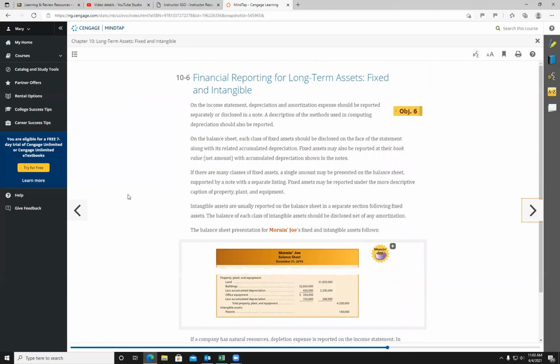Now, financial reporting for these long-term assets, both fixed and intangible. On the income statement, depreciation and amortization expense should be reported separately or disclosed in a note. A description of the methods used in computing the depreciation should also be reported. On the balance sheet, each class of fixed assets should be disclosed on the face of the statement along with its related accumulated depreciation.